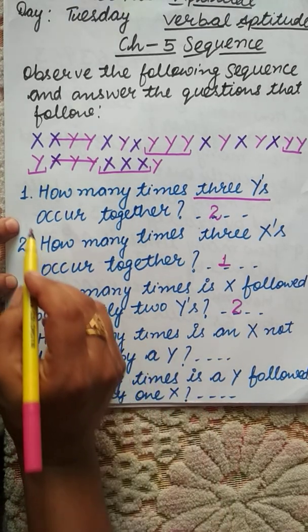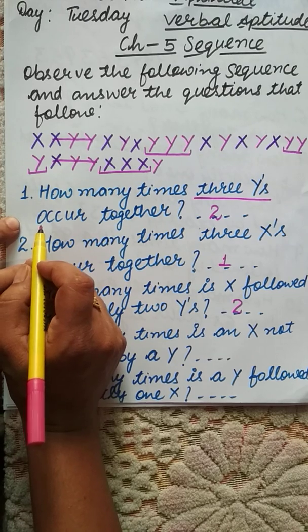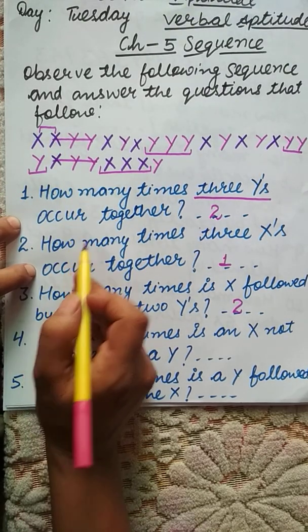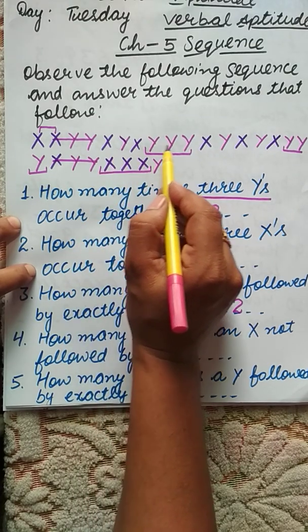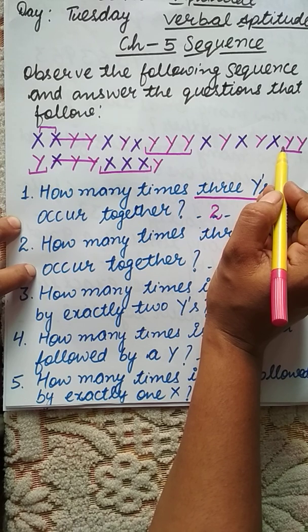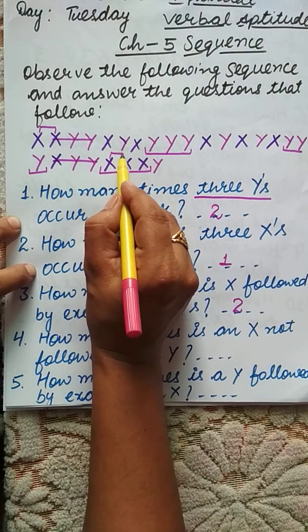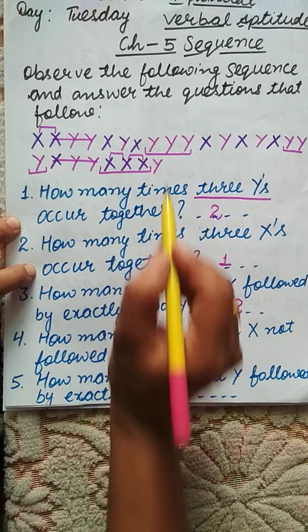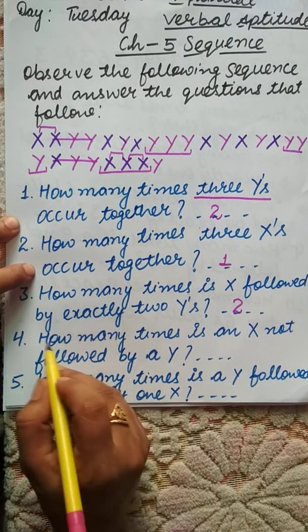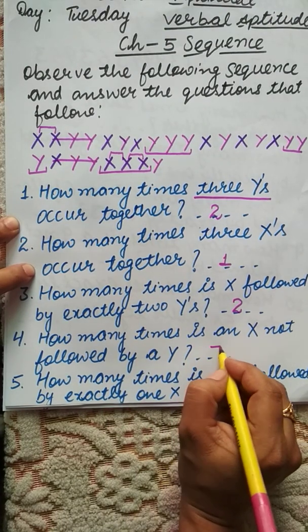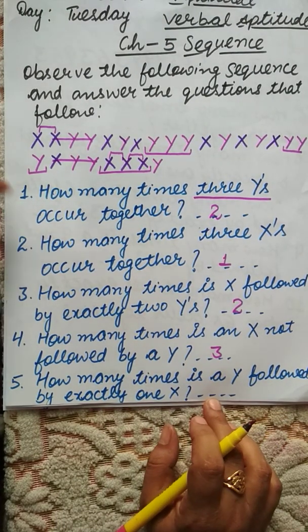I can see from the sequence that this x is not followed by y, this x is not followed by y, and this x is not followed by y. So here we have 3 options where x is not followed by y.